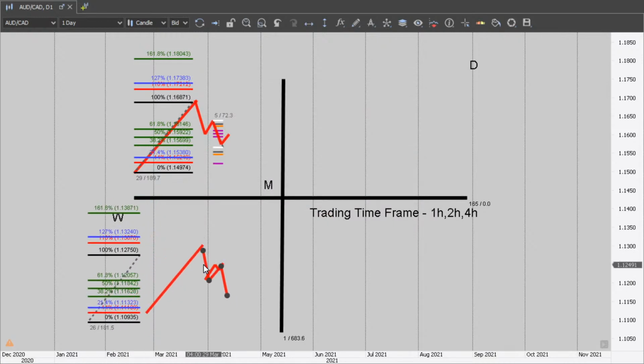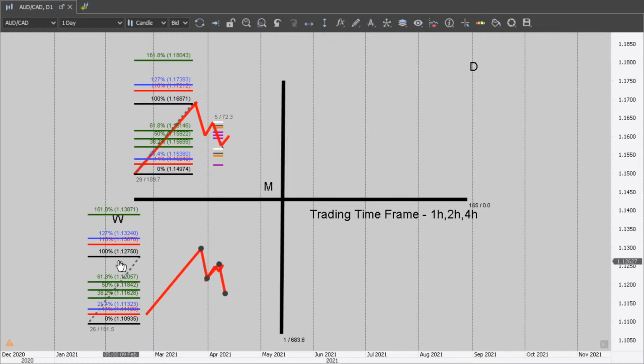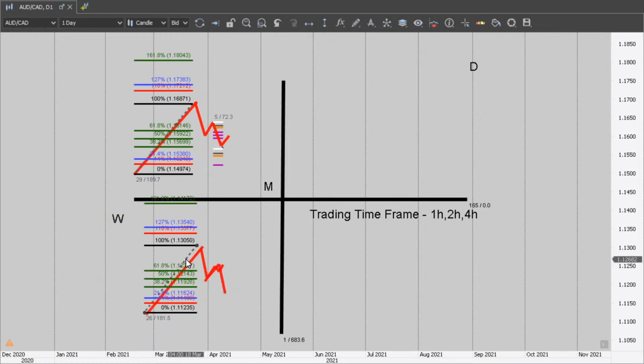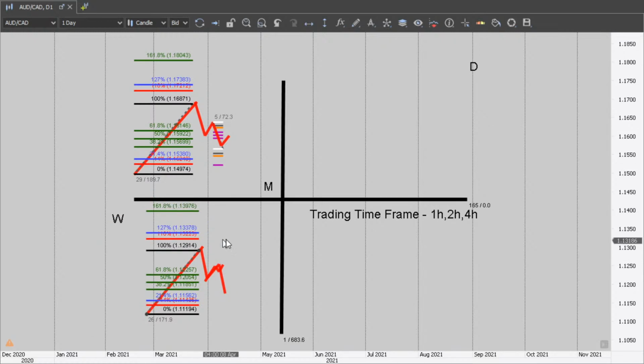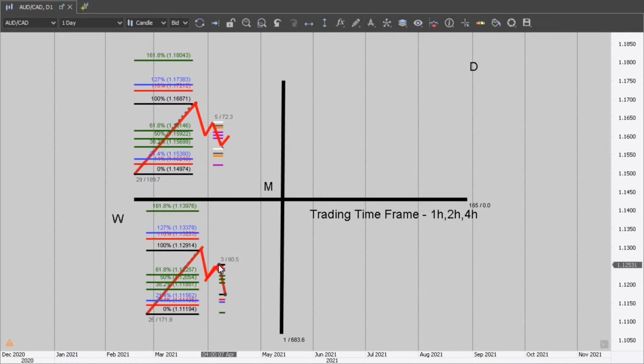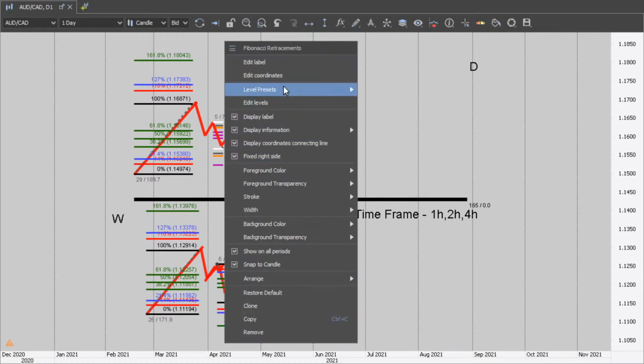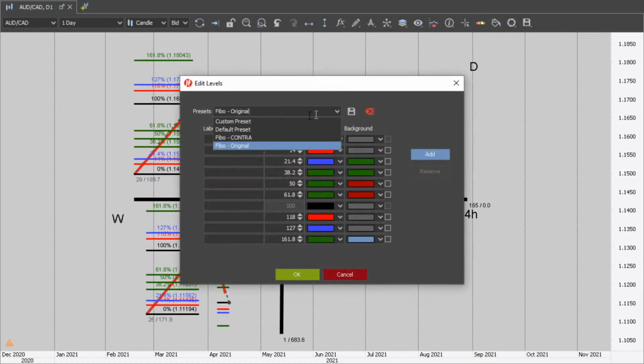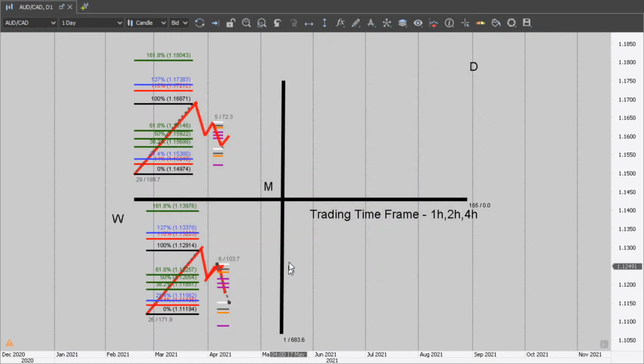Okay, I need to readjust so we can see it, right? And the contrarian Fibonacci is going to be something like this. A little bit lower, and edit levels, changing color, Fibonacci contrarian, there you go. And the market, of course, from the month weekly is going to do still something like this, right?